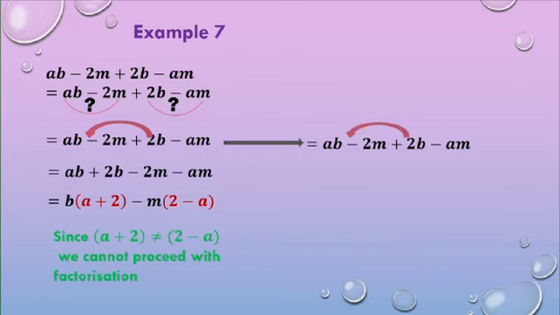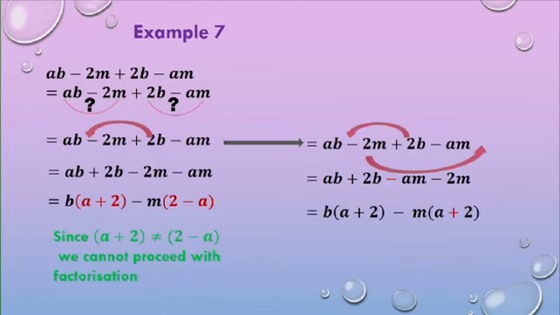So we are going to interchange the position of minus 2m and minus am, so that we have this expression now: ab plus 2b minus am minus 2m. In the first two terms, the letter b is the common factor.